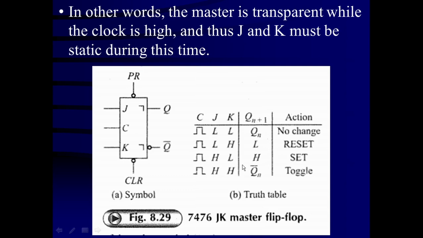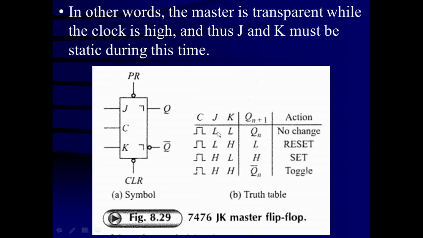J is equal to high and K is equal to low is the set condition. The flip-flop is set after one complete clock pulse, that is, after the positive transition as well as the negative transition of the clock occurs. That means the output of the flip-flop Q is 1, or high.